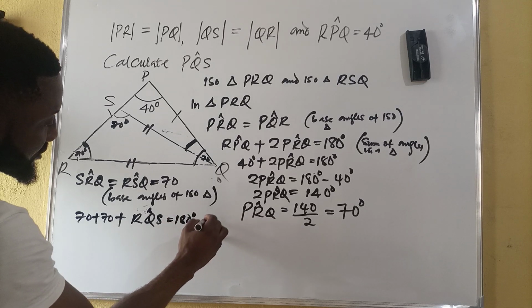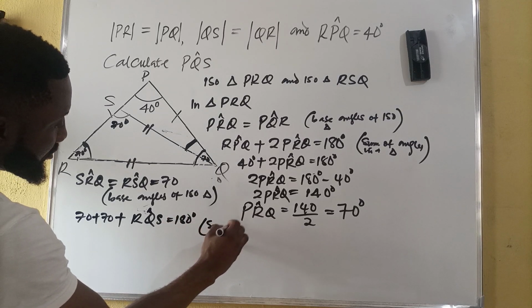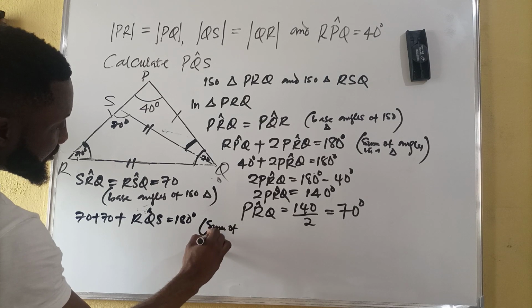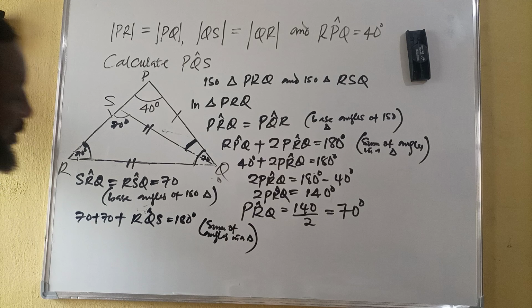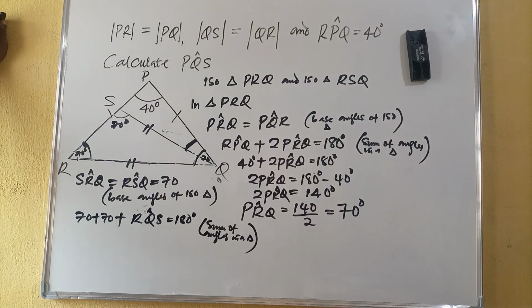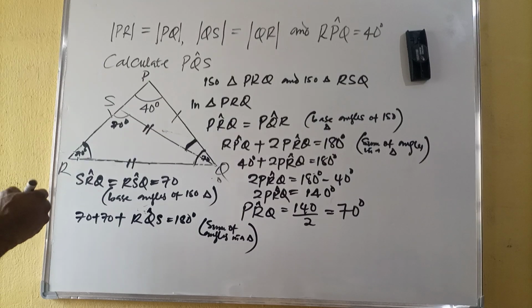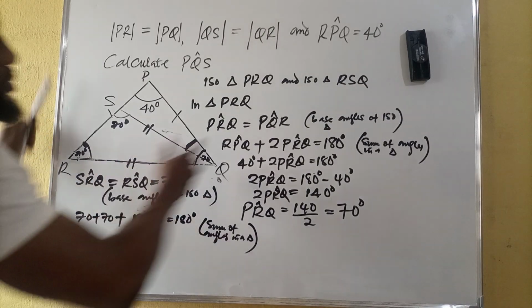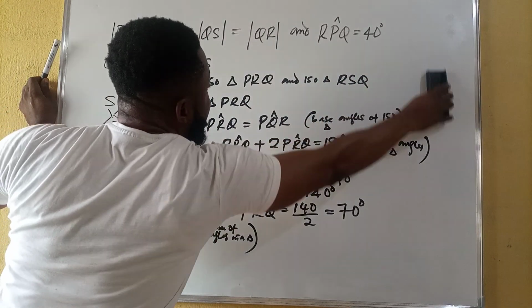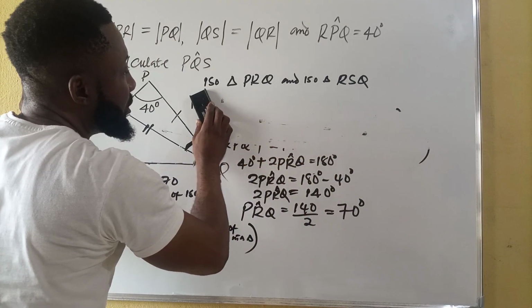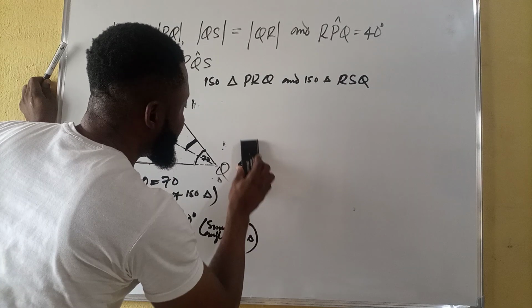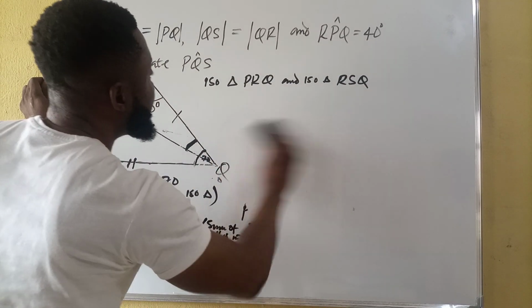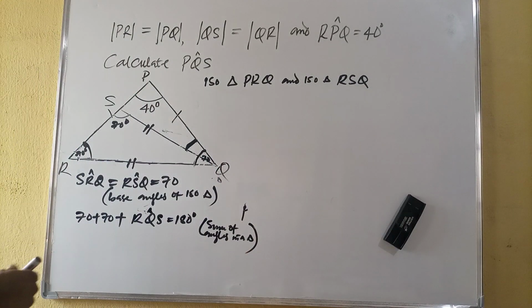The reason is sum of angles in a triangle. So please, I'm going to clean this side of the board so that I can continue my solution on this side.